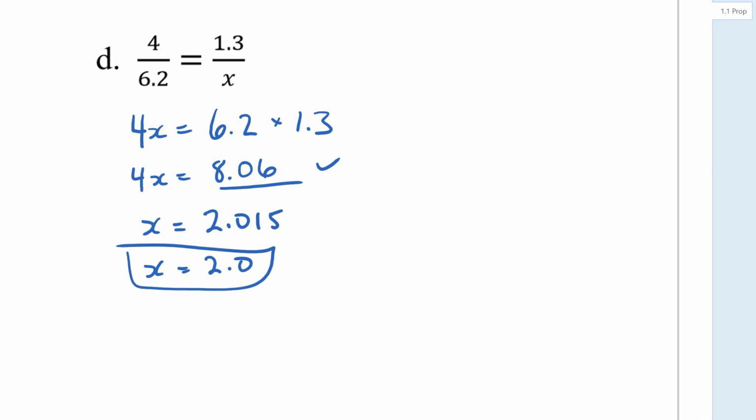So a little bit of a calculator tip: after you've done 6.2 times 1.3 and you've got that 8.06 on the screen, at that point you're going to have to divide both sides by 4. So instead of hitting cancel and rewriting the number, just put in divided by 4 and then hit the equal sign, and that'll save yourself some key presses and you won't have that chance of retyping the same number incorrectly.